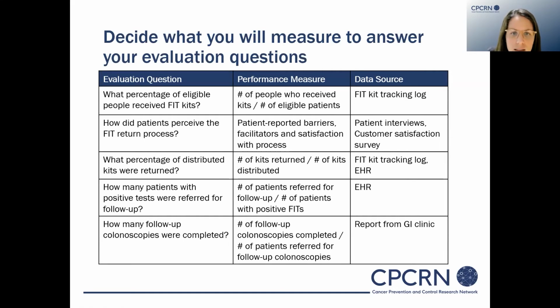And so here in my example, I have FitKit tracking logs that are often used for flu FIT interventions that clinics may be able to implement or already implementing. For how did patients perceive the FIT return process, you may look to patient interviews that you might want to collect new, or you might be able to use the clinic's customer satisfaction survey that already exists if they ask the right questions. So this is a good exercise in determining where your data is going to come from and if you need to collect it new for your intervention or if you can use existing data.